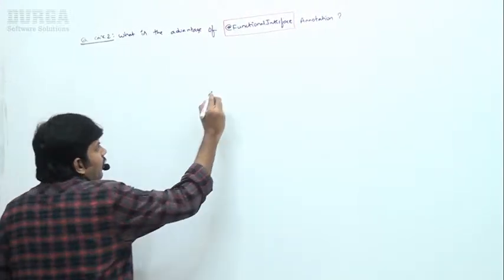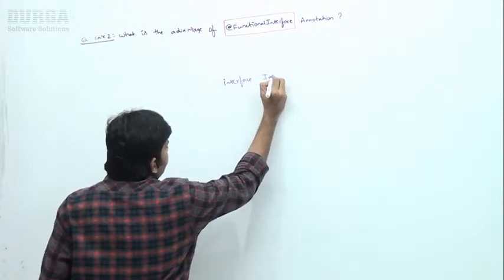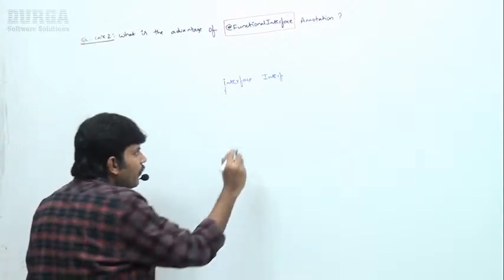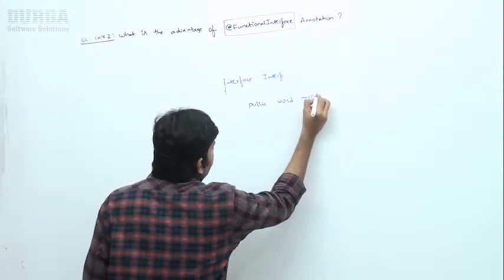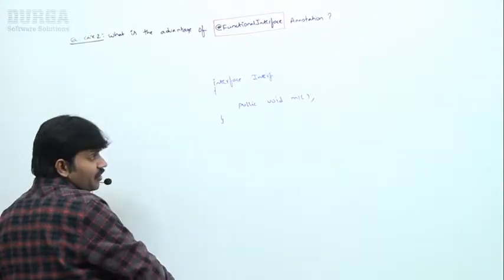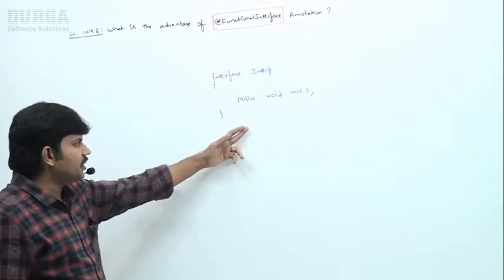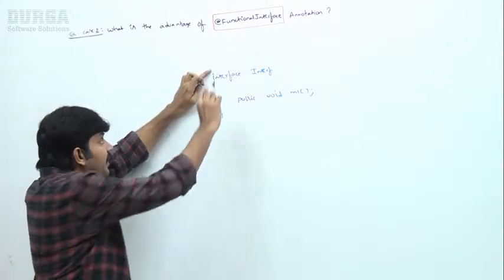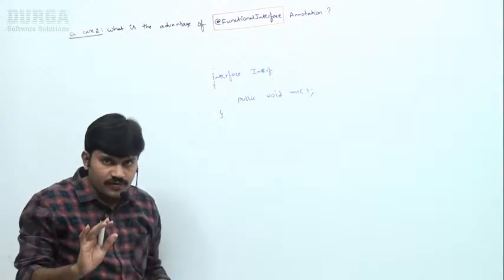I have one interface, Interrupt, and it contains one method, public void m1. It's a functional interface because it contains only one abstract method. Whether you use the annotation or not, no problem. Itself it is a functional interface only, right?